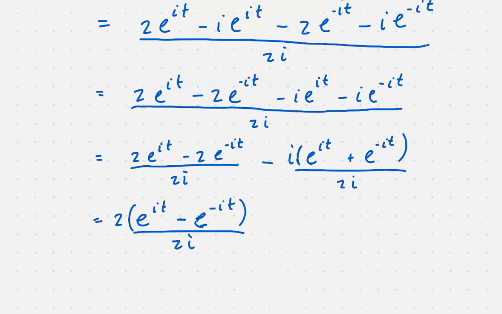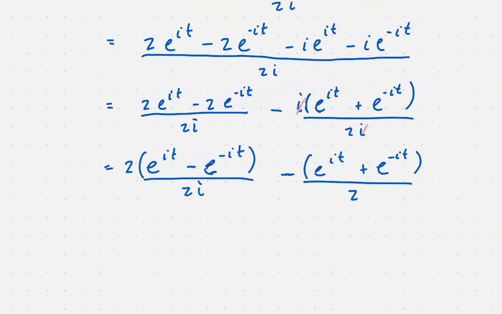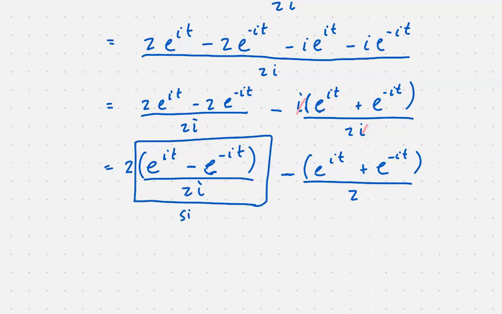So we have minus e raised to it plus e raised to negative it over 2. Now this is sine t. And this one is cosine t.